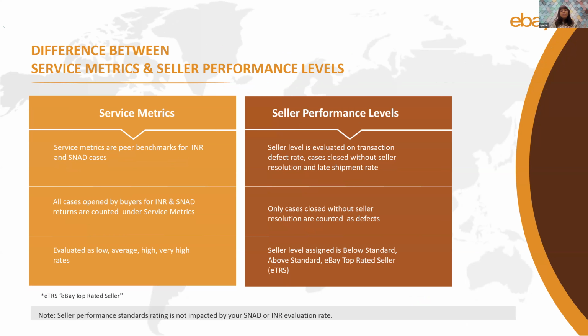Service metrics is calculated for all cases opened by buyers for item not received and significantly not as described, as we call them INR and SNAD returns, counted under service metrics. Whereas under seller performance level, only cases closed without seller resolution are counted as defects.